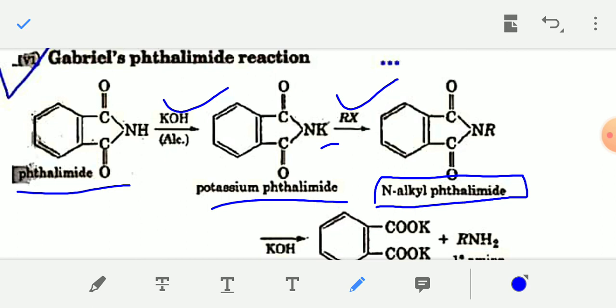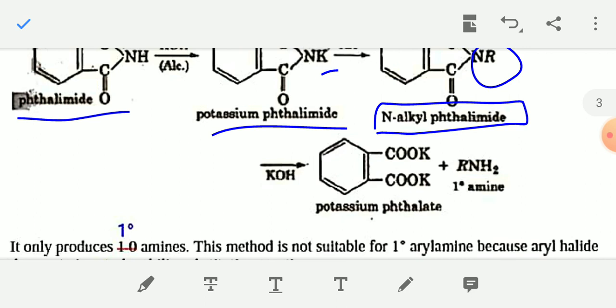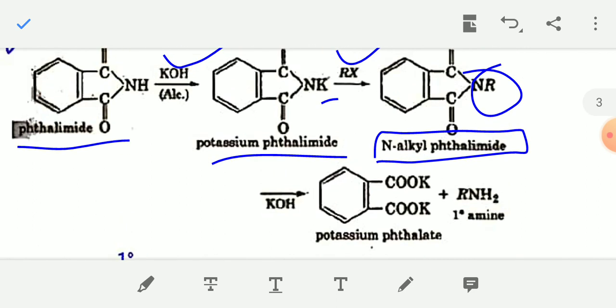See the change: the NK will be converted into NR. And in the final and last step, you have to make hydrolysis.